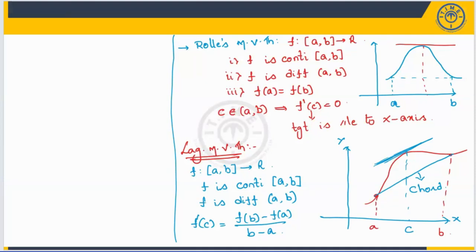So here the geometrical interpretation is that the tangent at C is parallel to the chord joining the endpoints. This is the geometrical interpretation of Lagrange's mean value theorem. So Lagrange's mean value theorem will converge to Rolle's when f of A is equal to f of B.